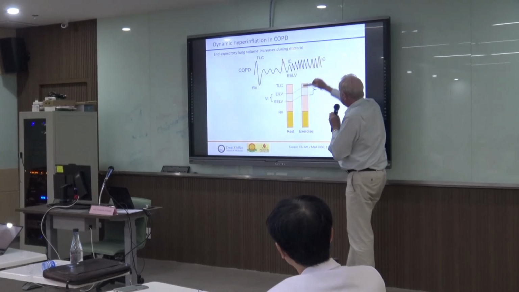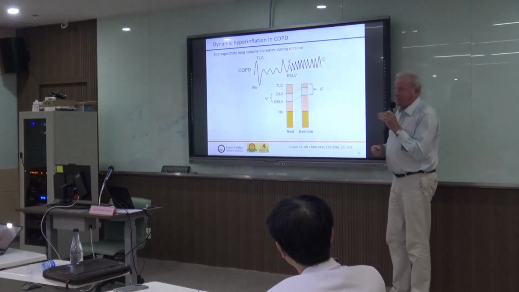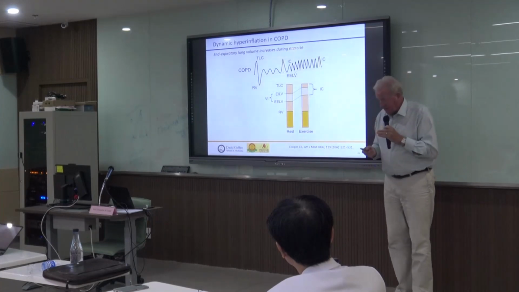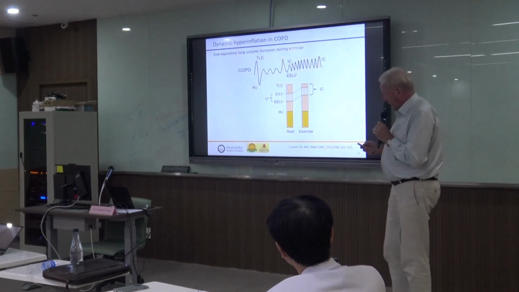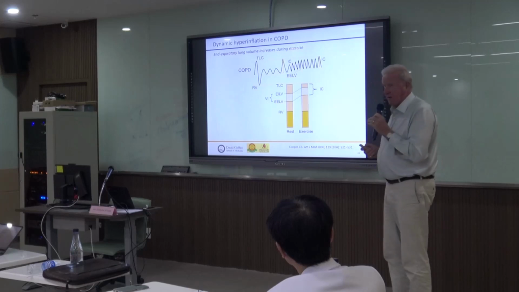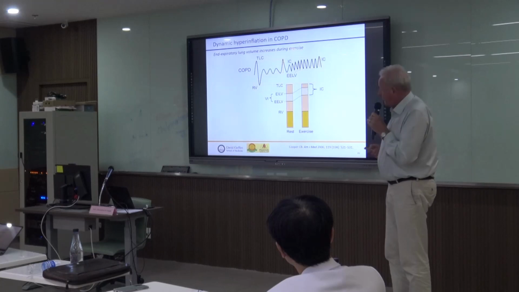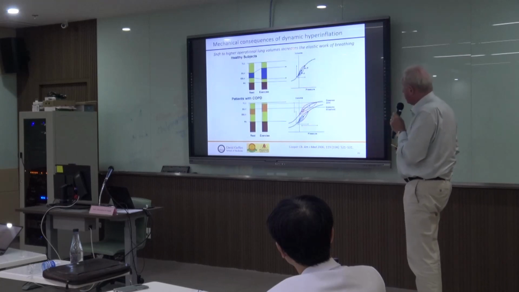We call that the inspiratory capacity. So the inspiratory capacity is reduced with progressive exercise in COPD, and it's worth thinking about this and actually looking for it when you're doing cardiopulmonary exercise testing in COPD patients.